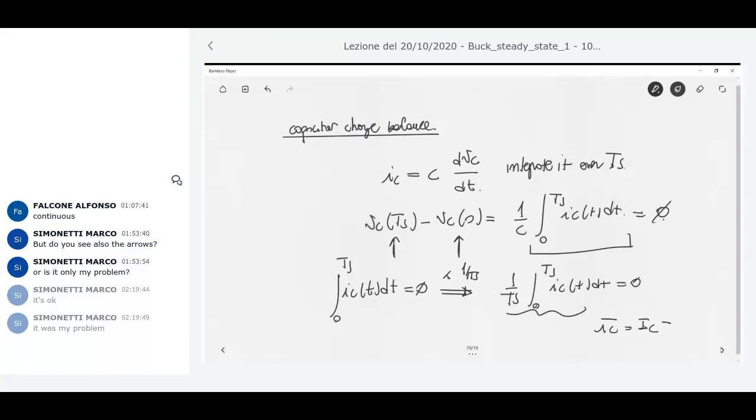So in steady state, no DC current can flow through a capacitor. This is the capacitor charge balance, the dual principle of the one I already derived for the inductor. For the inductor, the DC average voltage should be 0. Now this is the DC current through the capacitor.